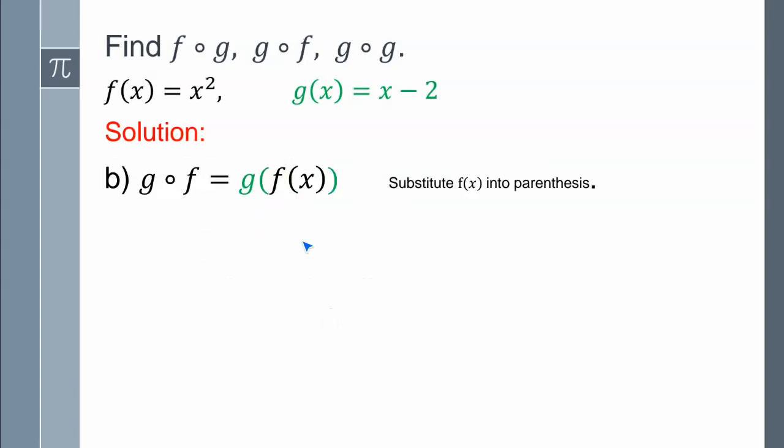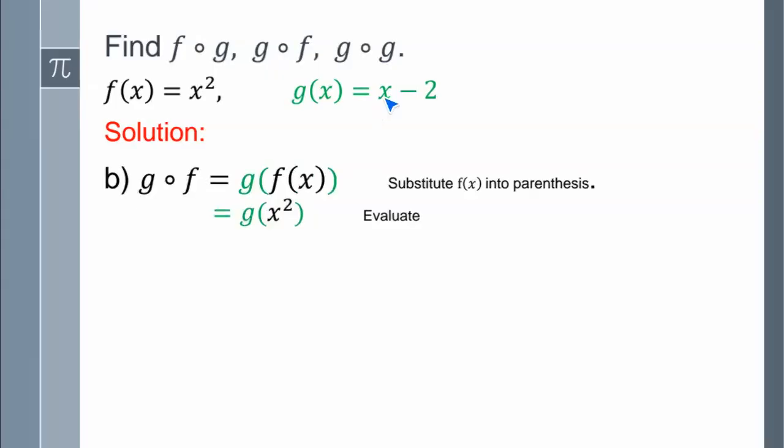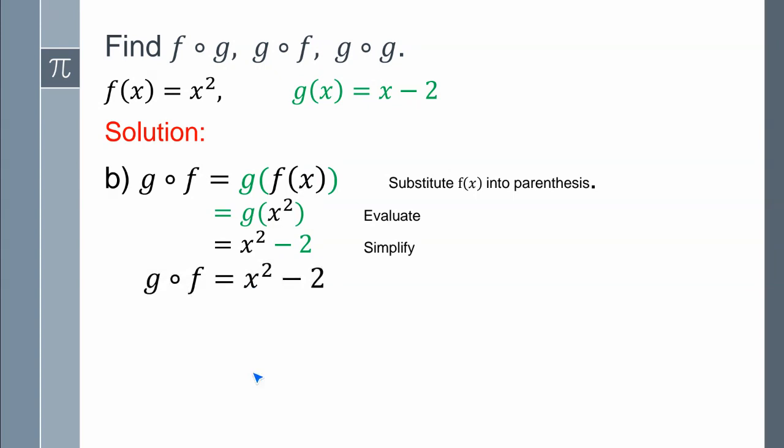If we reverse it, g of f, then again f of x is on the inside, and we're going to replace that with x squared. Now I'm going to evaluate the function g at x squared. So for my x, I'm going to replace that with x squared, and I end up with x squared minus 2. There's nothing for me to combine, so my answer is x squared minus 2.